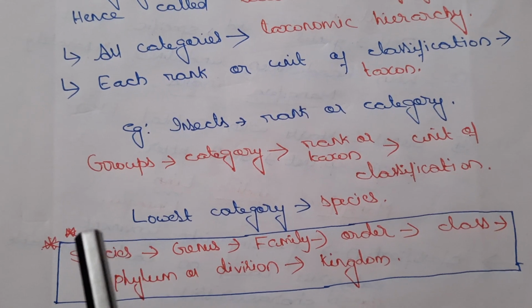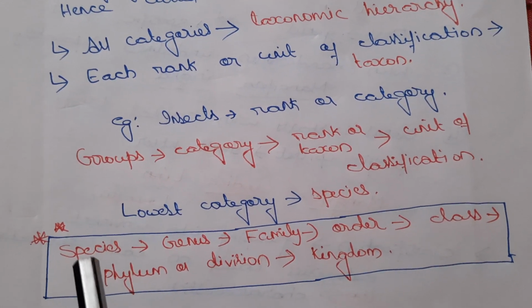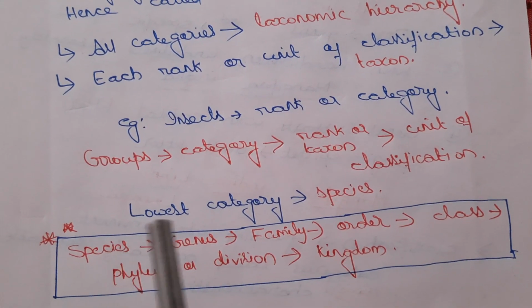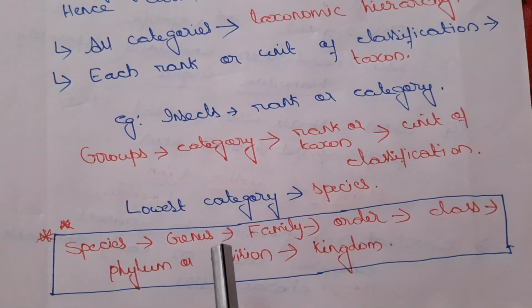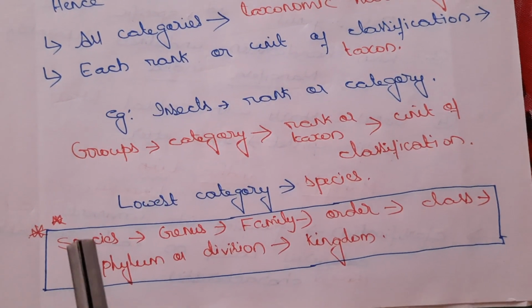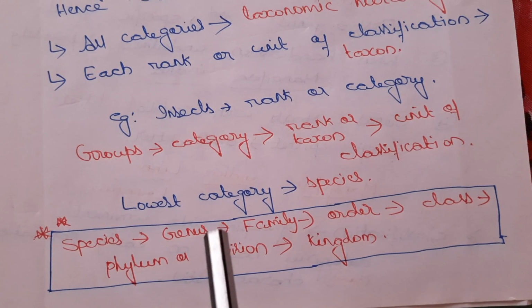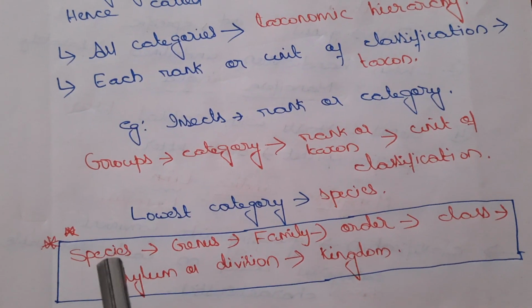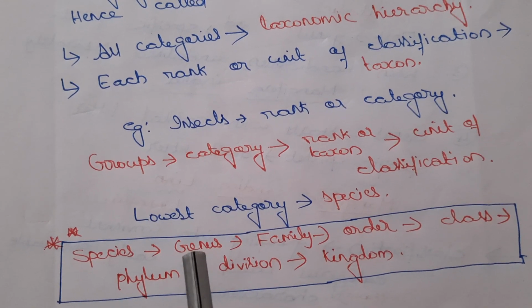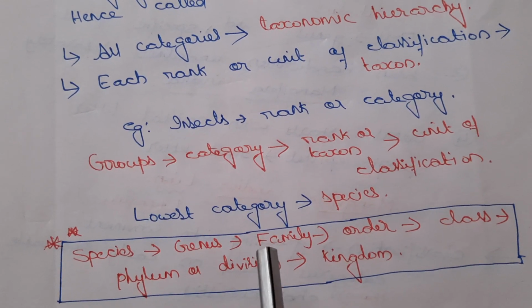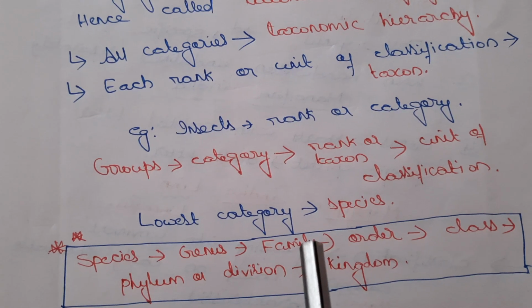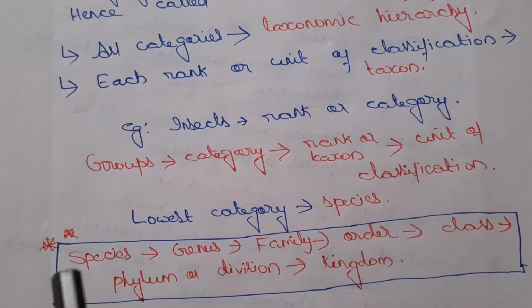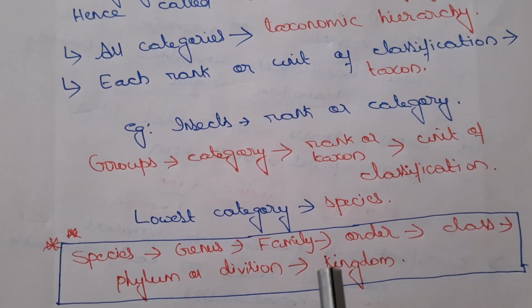We know that all human beings share similar characteristics. Different species will constitute a genus. When we compare the similarities in species and genus, we will find that the similarities decrease as we move from species to genus. Again, when we move from genus to family, the characteristics again decrease. That means the similarities decrease as we move from species to kingdom.